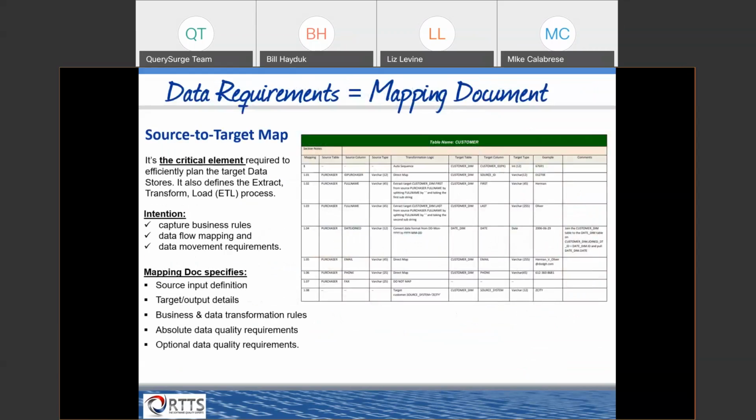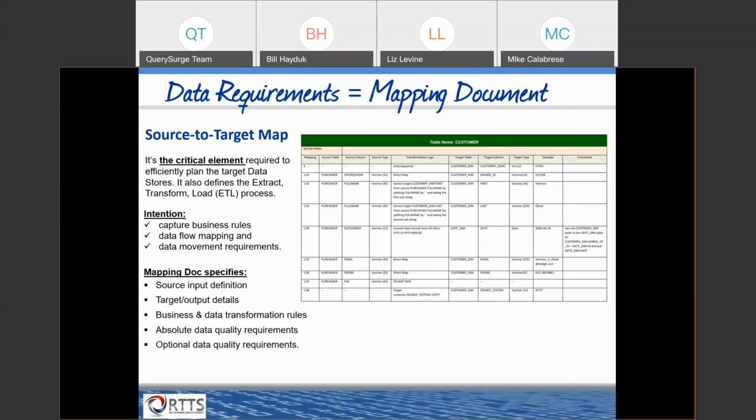And this is a source to target mapping example for a customer table that we're looking at right now. You'll see that each mapping represents a column within the target table and has a unique identifier. So for example, row 1.01 is a direct map from the purchaser table to the customer table. Row 1.02 does go through some transformation. So you're taking that full name field and you're breaking it up in your target system.